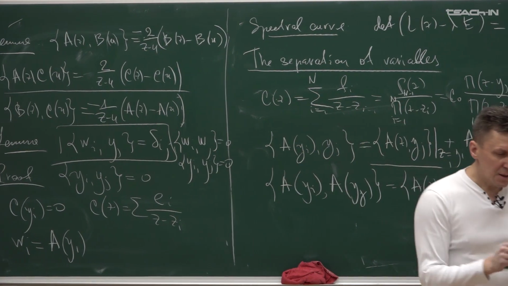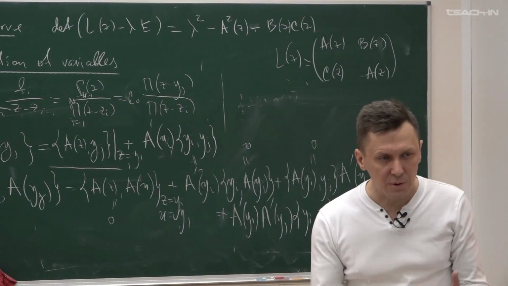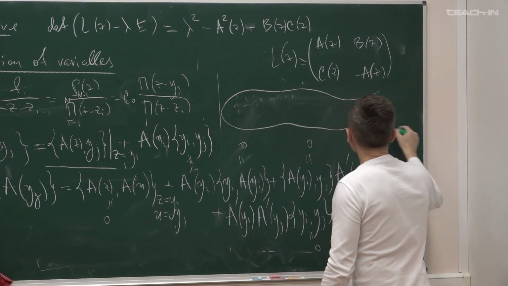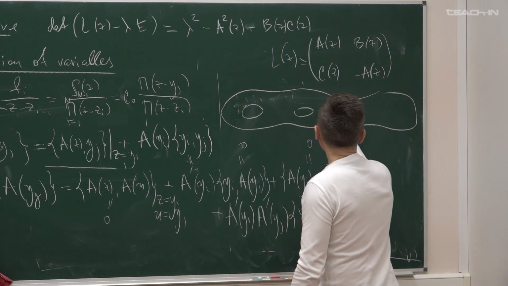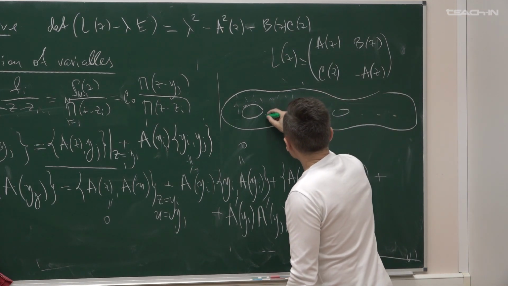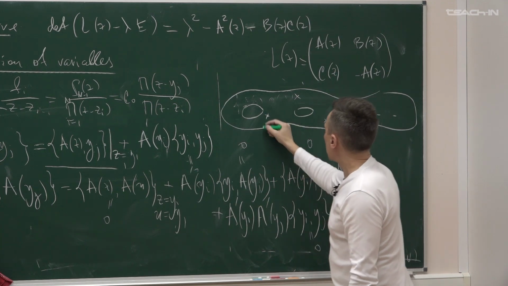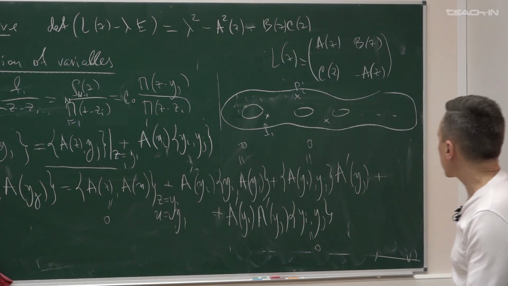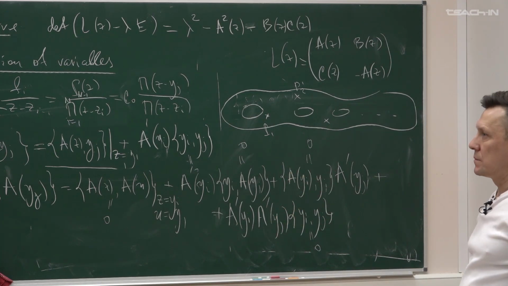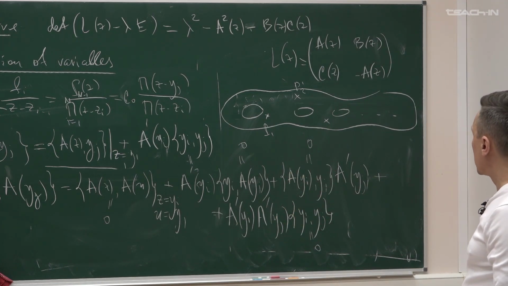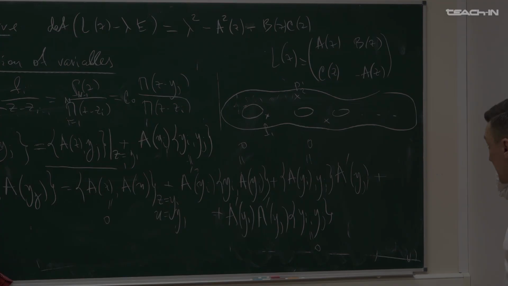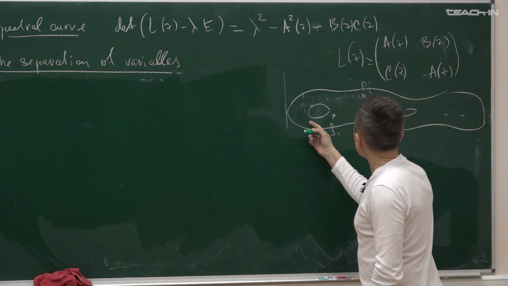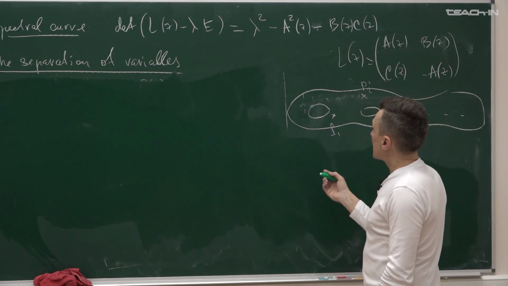So it means that the new variables which correspond to the points of our hyperelliptic curve, P1, P2, etc. Let us realize a little bit what happens. You see this equation, this curve is given by this equation.